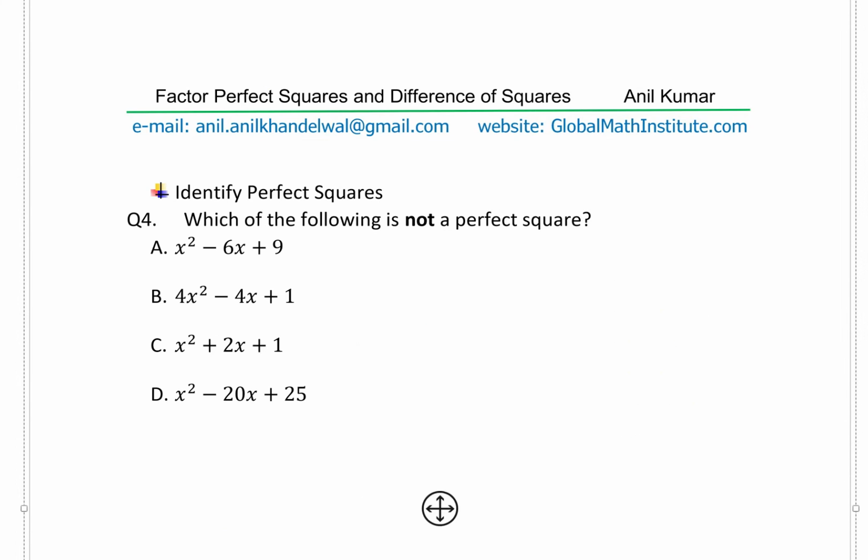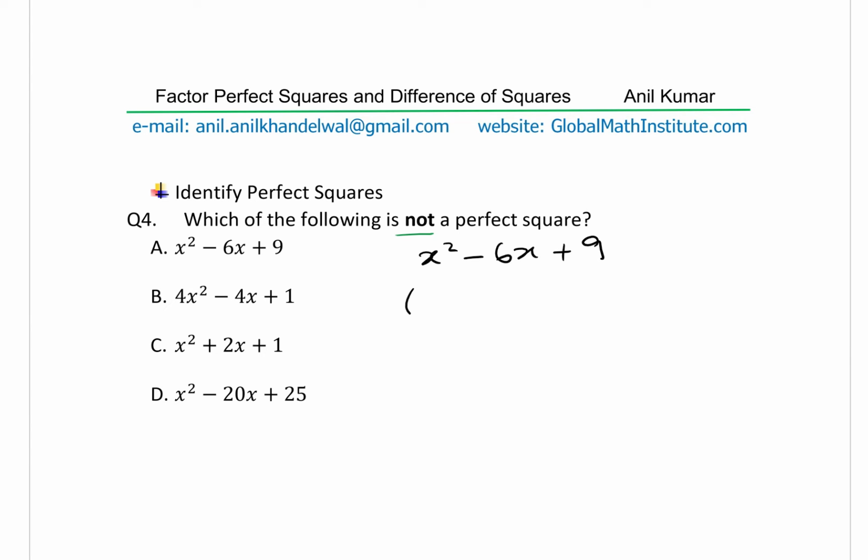So now let's look into the question 4, which is we need to identify perfect squares. Question number 4 is which of the following is not a perfect square? We are given four options. So let's try to identify. Now the first term here is, let us rewrite and work it out. So we are given x squared minus 6x plus 9.